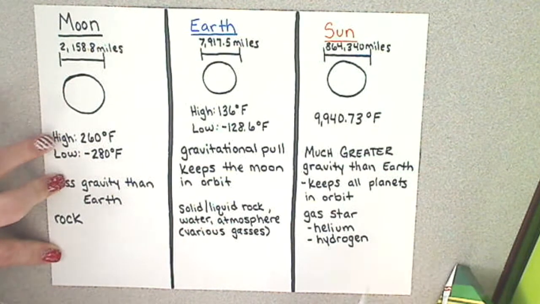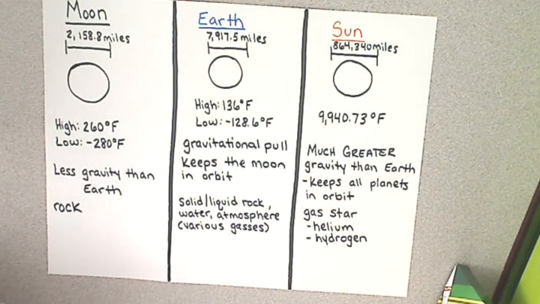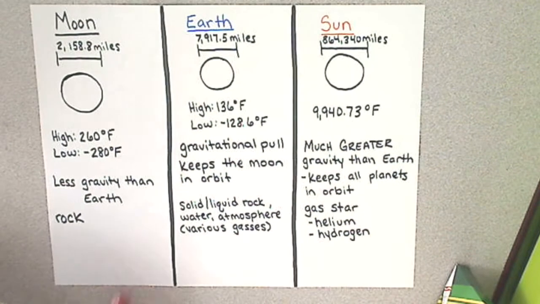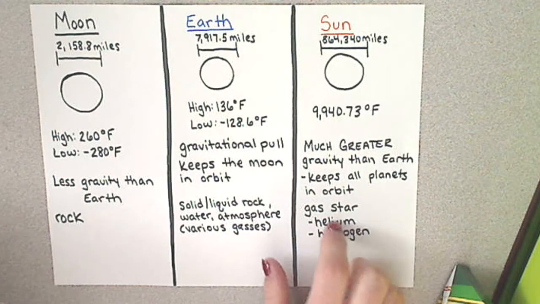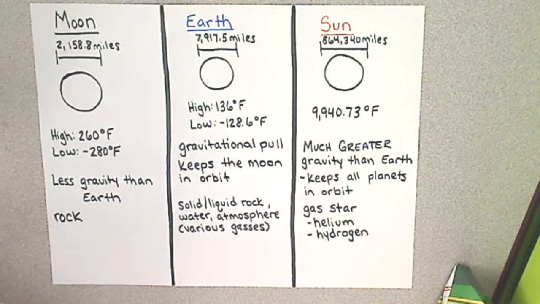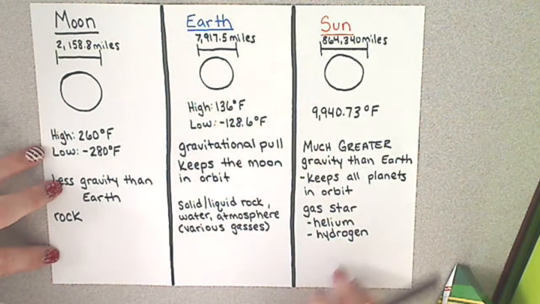One of the articles that you will be reading about the sun explains how the sun uses that helium and that hydrogen gas to actually create the heat and the light energy that makes the sun what it is. Okay, so next step is to talk about the layers of the earth and sun.